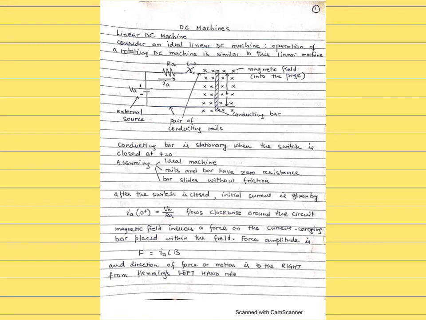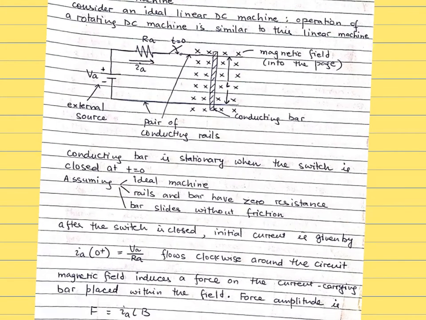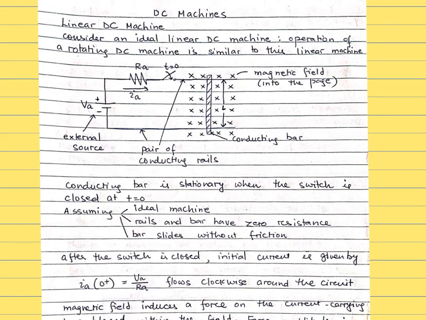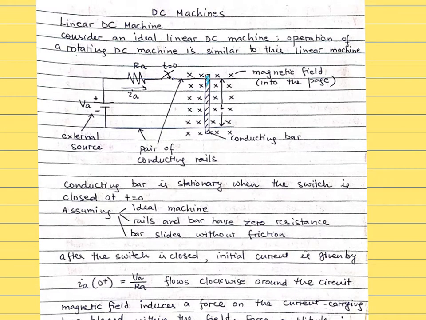So linear DC machine. So we are considering here, what is the machine? Which part is actually the machine in here? The part which is the machine is this section. So this is your machine. This element in here is your machine. And for the time being, its name is not a DC machine, its name is a conducting bar.